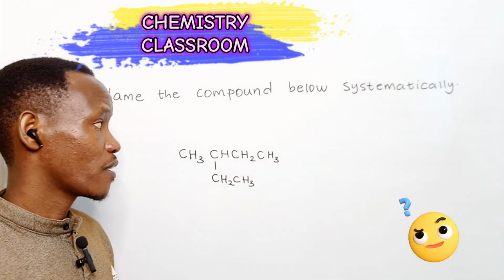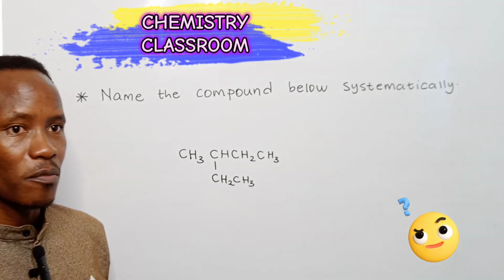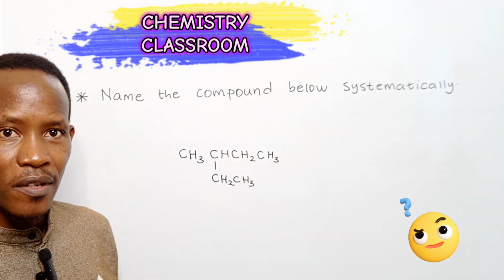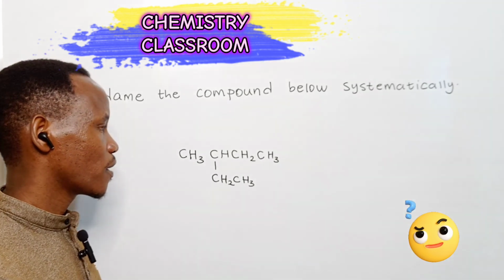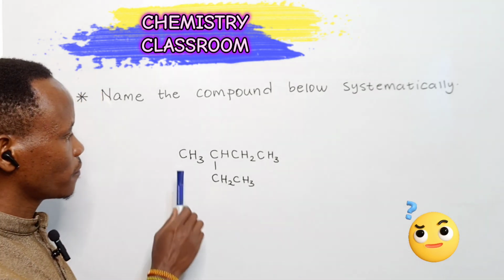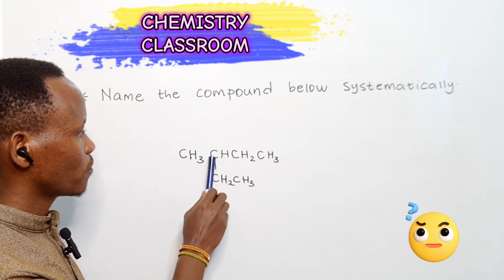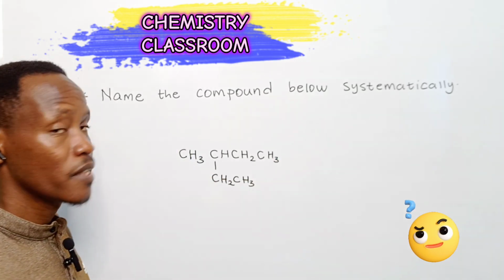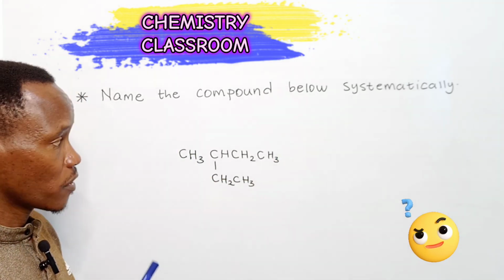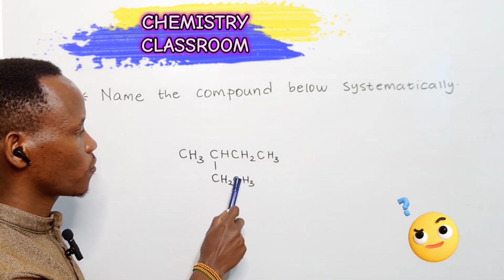For starters, always traverse the given compound to obtain all the possible carbon-carbon connections. Let us traverse the compound together. First connection is 1, 2, 3, 4. Going this direction, there are 4 carbon atoms. 1, 2, 3, 4.